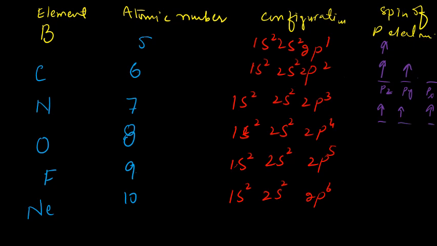Now all three p orbitals, pz, py, and px, are occupied singly. And what will happen to the next electron, in the case of fluorine, which has atomic number 9 and 2p5 electrons? Again we have pz, py, px orbitals. The first electrons will occupy singly, and then the next electron will go into this state.